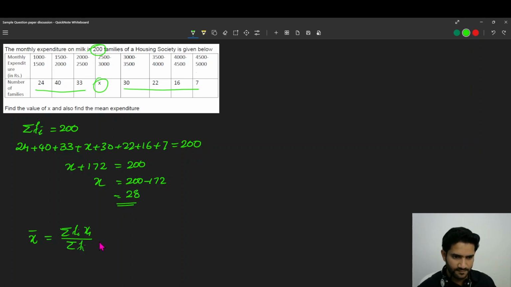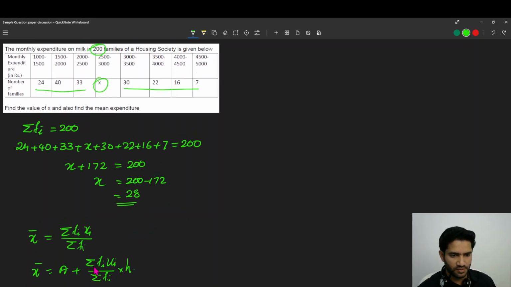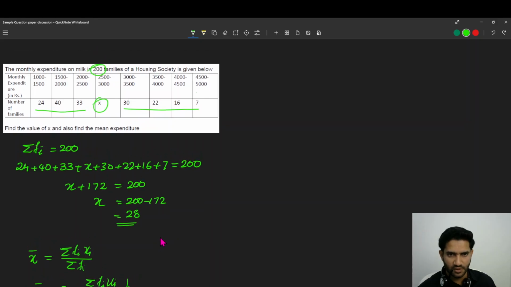Or we can use x bar equal to a plus sigma fi ui divided by sigma fi into h. So we can use both. For simple calculation we can use step deviation method. We want to draw two extra columns, but still I think it's very simple to calculate the mean.